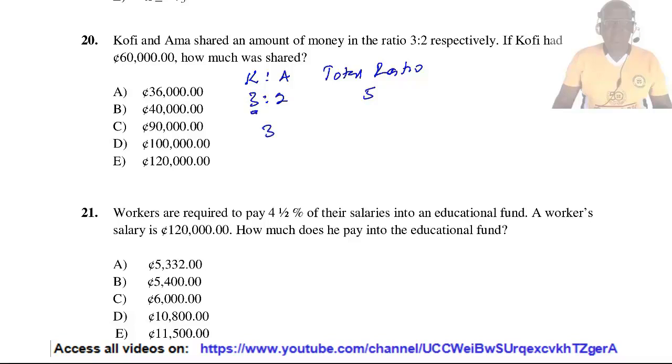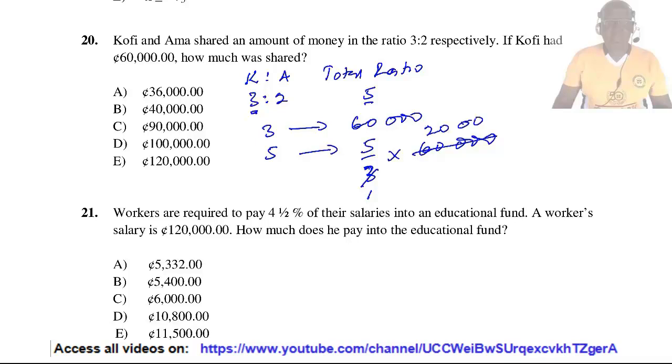So 3 will correspond with 60,000 cedis. The total amount will correspond with 5. So 5 divided by 3 times 60,000. 3 goes into 60,000 twenty thousand times. 5 times 20,000 is 100,000. So the answer is D.